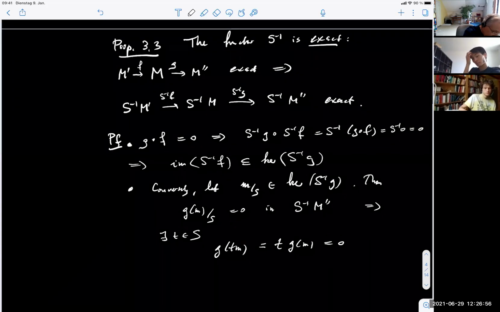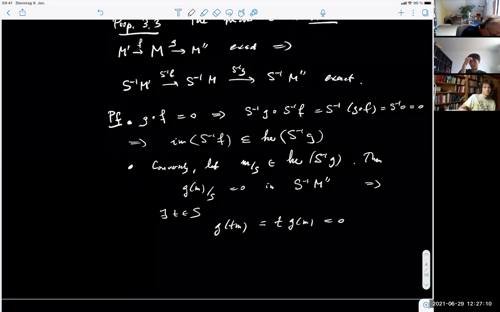Now I am in this world. I have an element t m here, which is mapped to 0. Because I know that this is exact, this t m is in the image of f. So, using the exactness, there is some m prime with the property that t m is f of m prime.